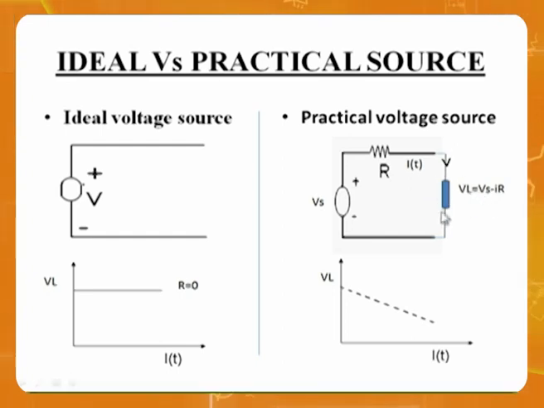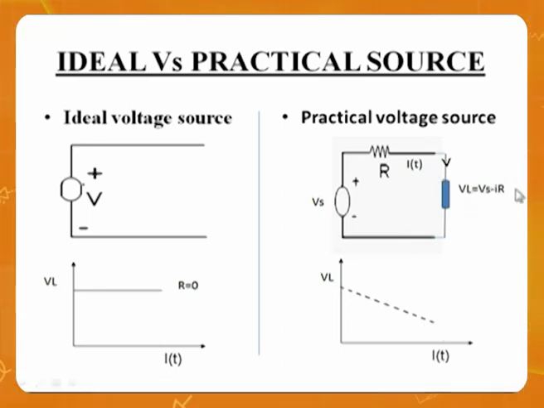The voltage across this, how much is it? You can see here, observe please. I have given an equation here. VL is equal to Vs minus I into R. So what is going to happen here? If IL is removed, how much voltage comes? That is VL is equal to Vs. So as I is increasing, automatically VL is decreasing.